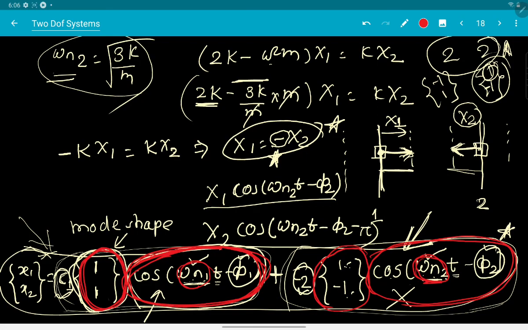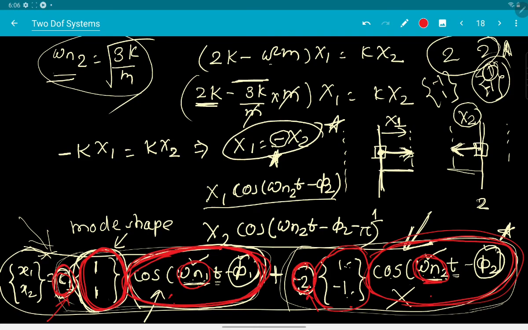So the first eigenvector times its time dependent function, and the second eigenvector multiplied by its time dependence, you are weighting them. C1 and C2 are their weights.